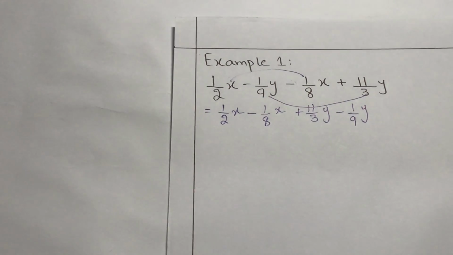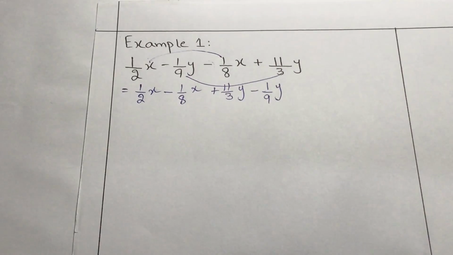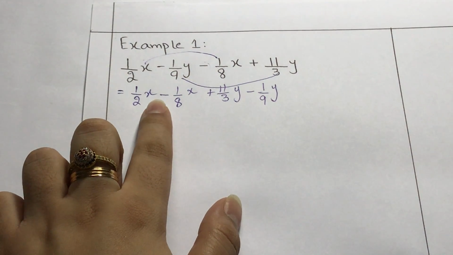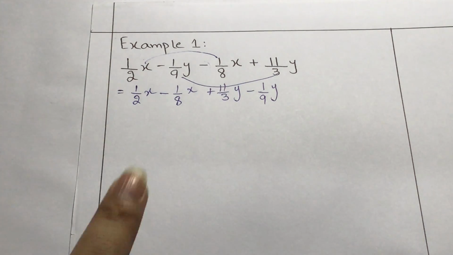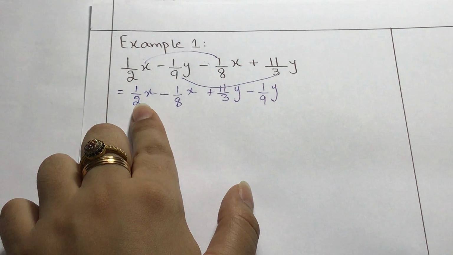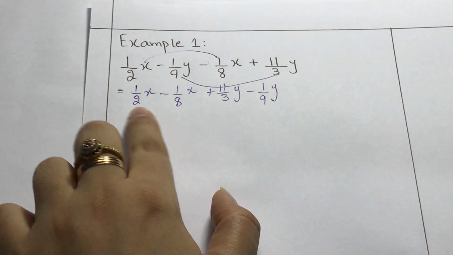Now the simplification is the same as your fractions, right? As you have done in your fractions, it's the same, just we have a variable here. Now what we have to do next, you all know we cannot add or subtract unlike fractions, the fractions with different denominators.